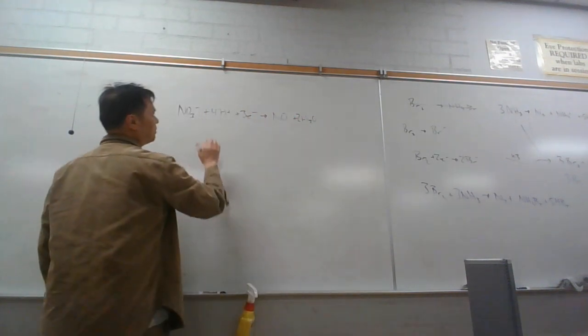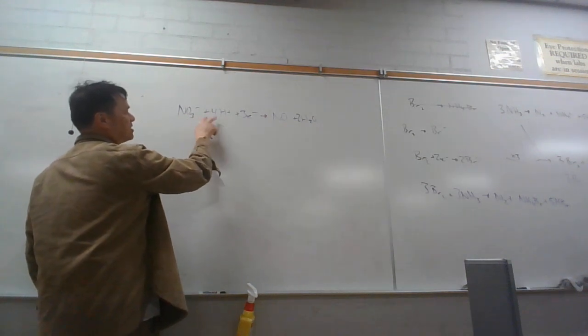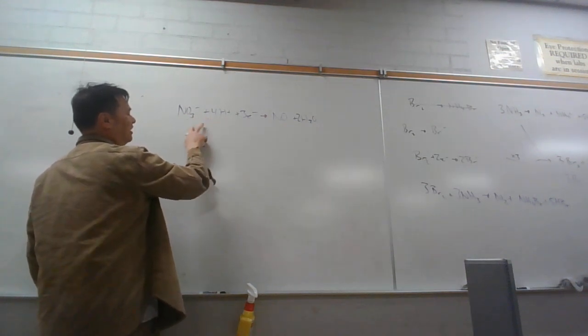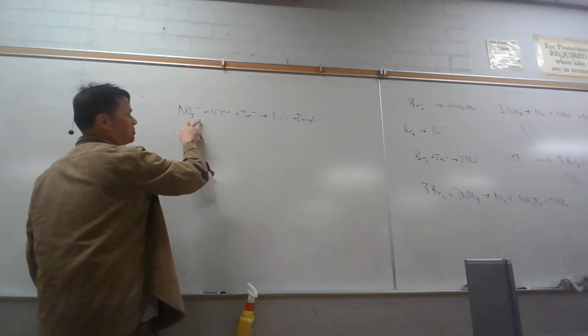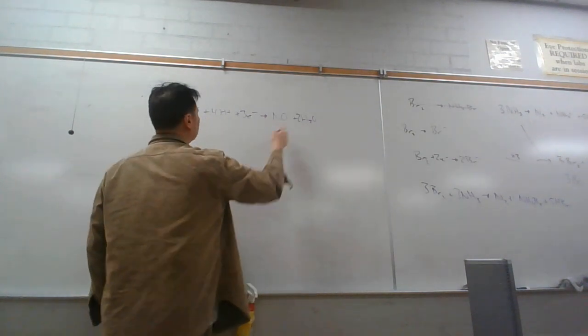This one's a little weird. Normally if I have 3 oxygens, I need 6 hydrogens. But in this case, 1 of the oxygens stays behind and only 2 of the oxygens leave, so only 2 H2Os.